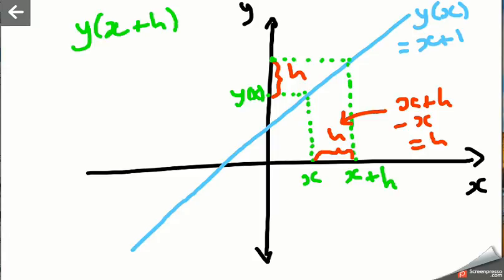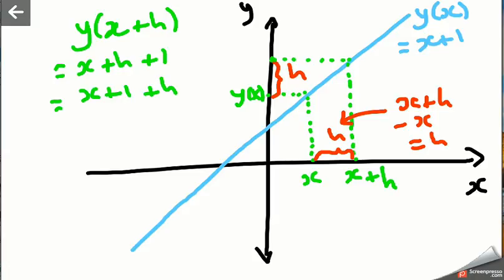Well, y of x plus h is equal to x plus h plus 1, because y of x is equal to x plus 1 for any input x. So y of x plus h is equal to x plus h plus 1, which is equal to x plus 1 plus h.